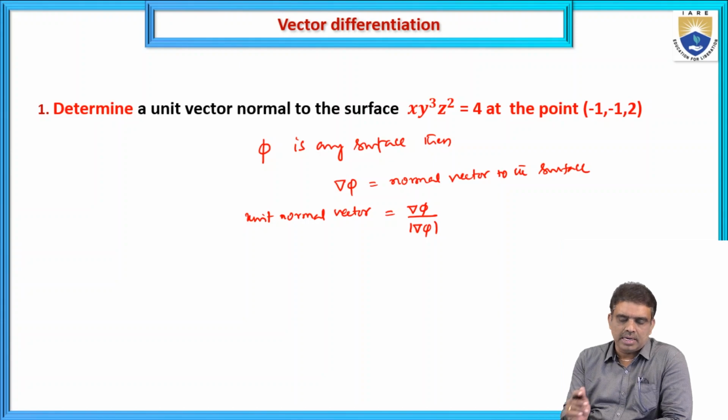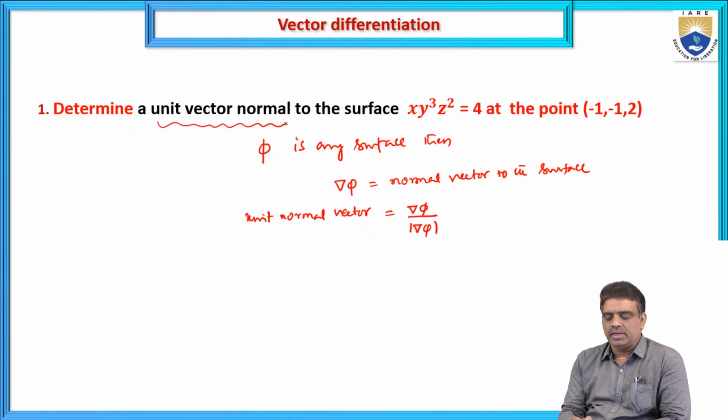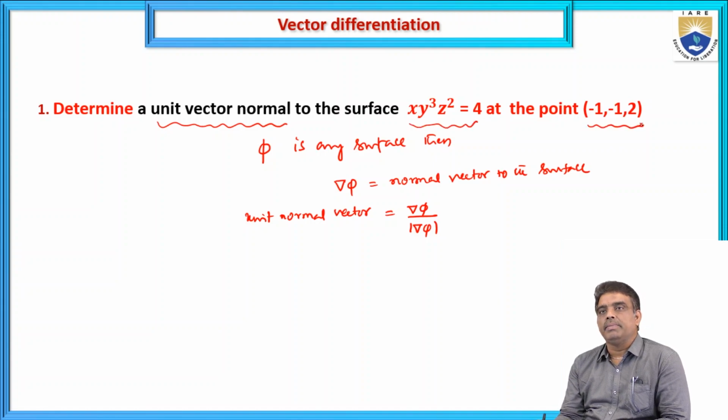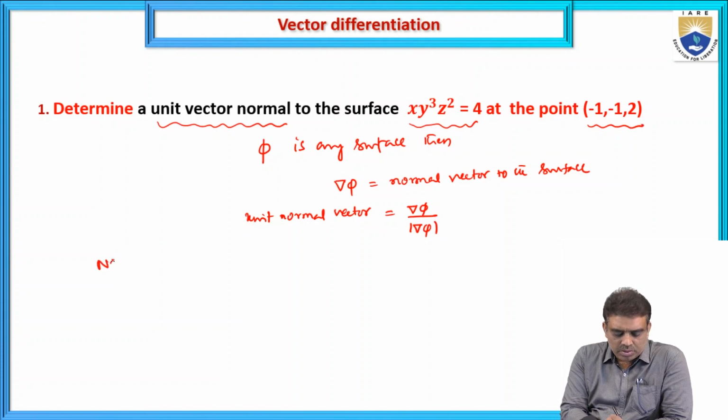So what we have to calculate in this problem is the unit normal vector to the surface phi at this point. The point is given as (-1, -1, 2). Now, what is phi? Here phi is xy³z² minus 4.